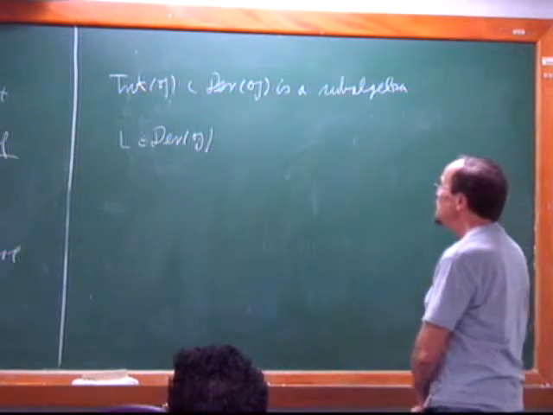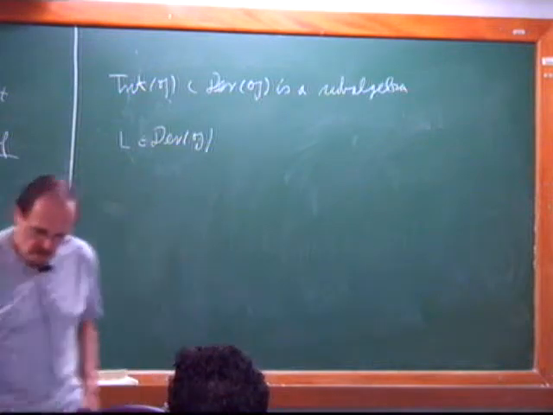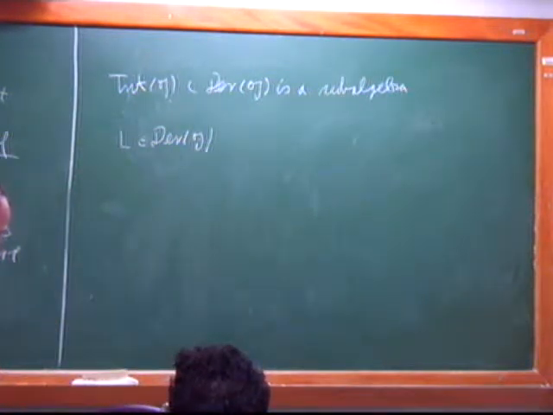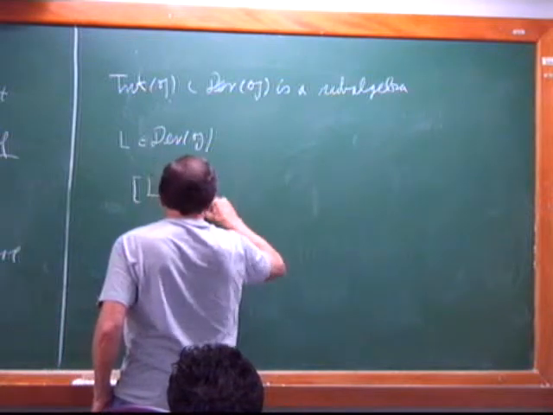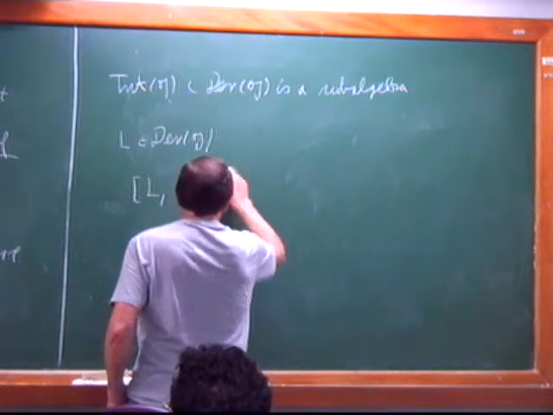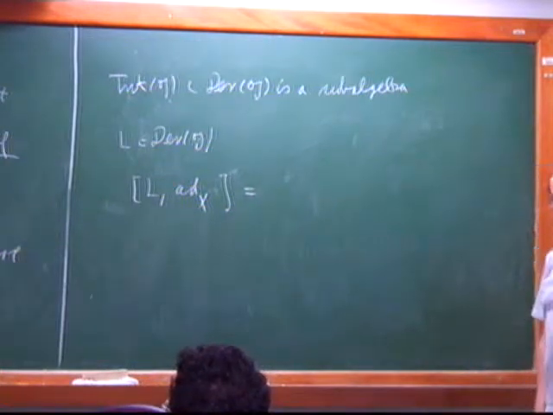Let's take a derivation and let's compare it with ad x. So I claim L ad x is equal to, you can imagine how they should be related. What should that be?